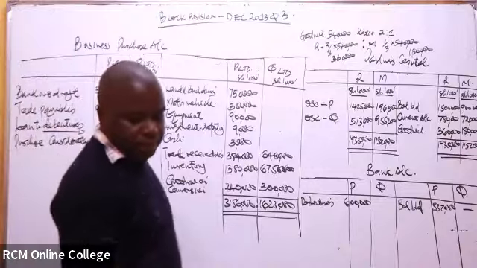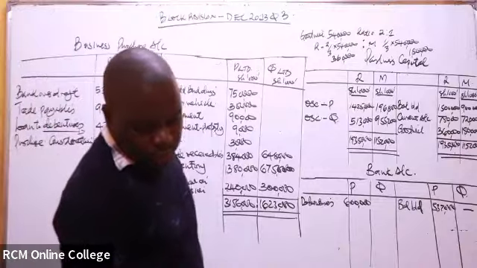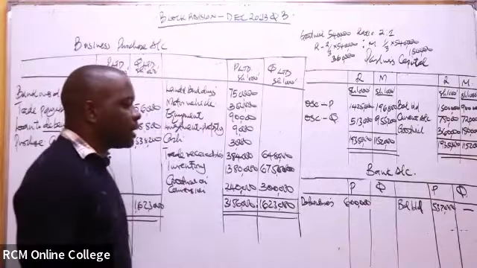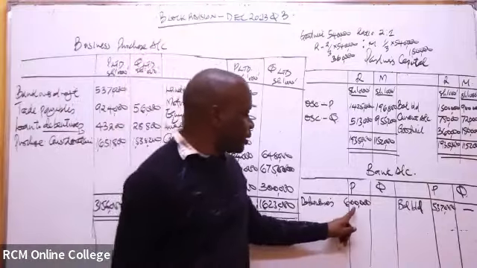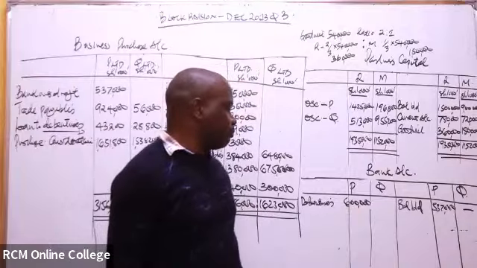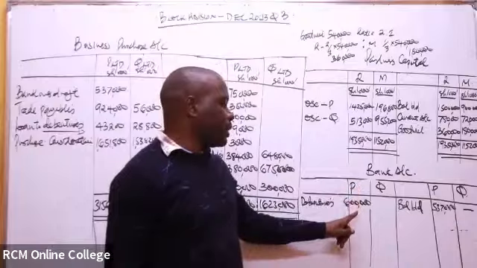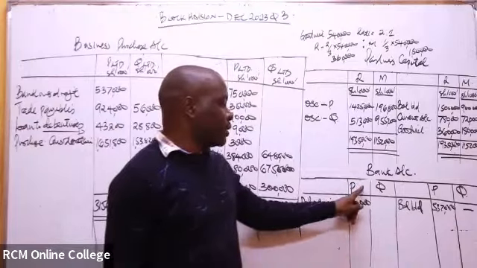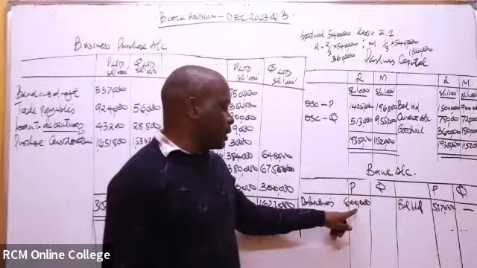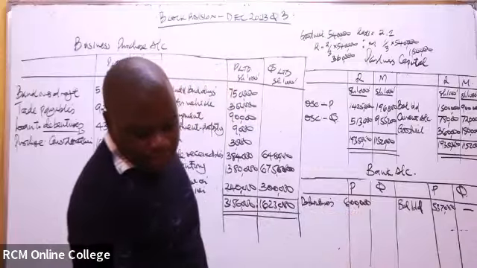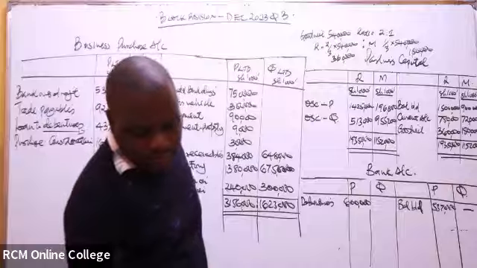Those 12% debentures of 600 million, when you come up with the statement of financial position, will appear as a liability in P Limited's statement of financial position. But of course, when they sold them, they got money into the bank. So you debit it because the money was coming into the bank, and paid off the bank overdraft.